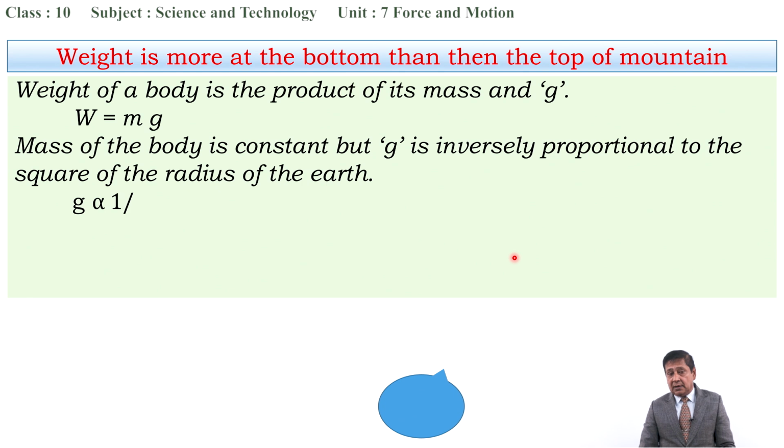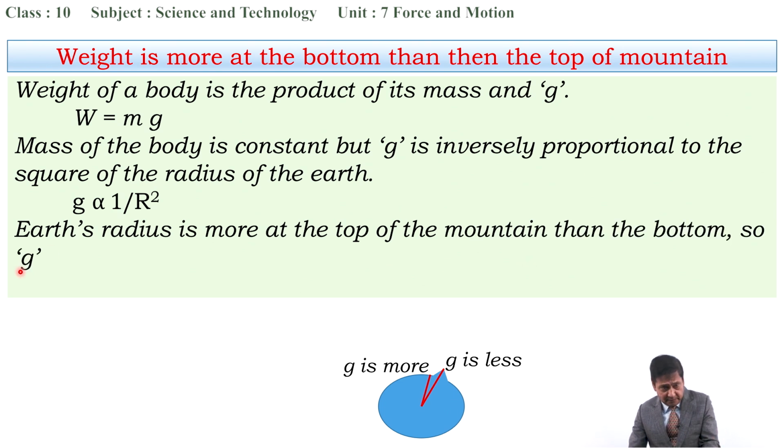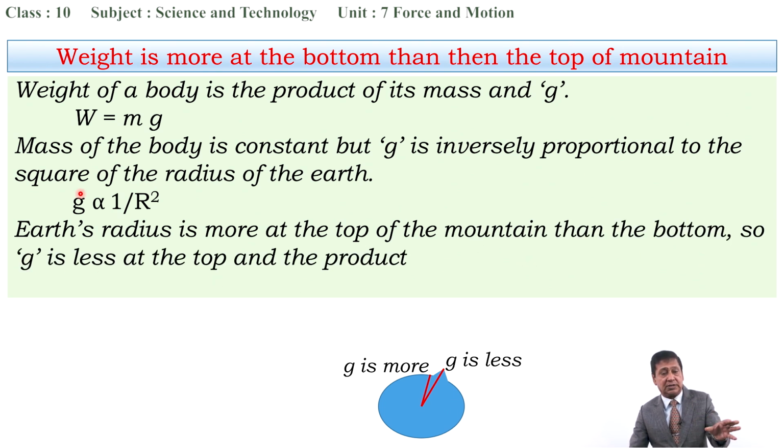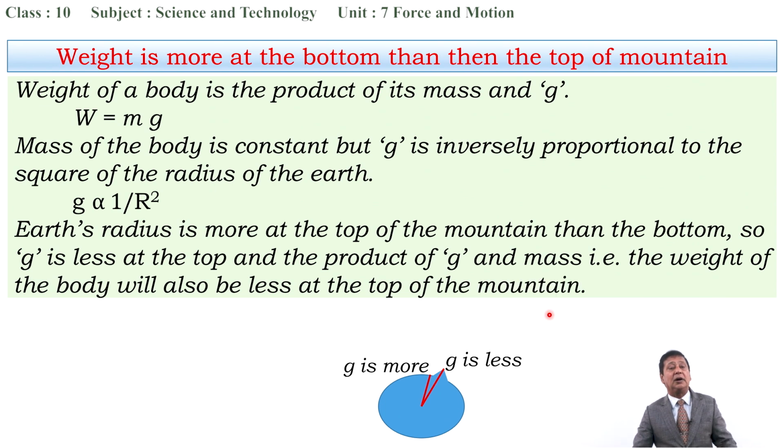The radius of the earth is less at the bottom of the mountain, so g is more at the bottom, and the radius is more at the top of the mountain, so g is less at the top. Earth's radius is more at the top of the mountain than the bottom. G is less at the top, and the product of g and mass, that is the weight of the body, will also be less at the top of the mountain.